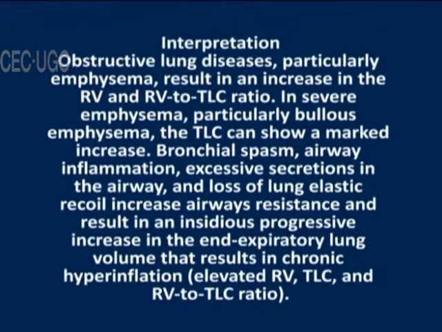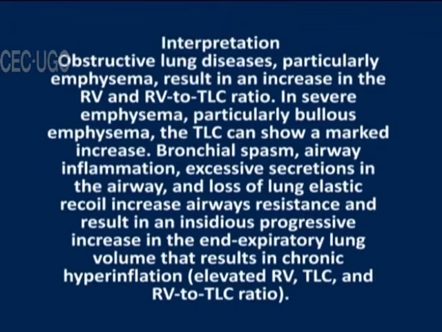Interpretation: obstructive lung diseases, particularly emphysema, result in an increase in RV and RV to TLC ratio. In severe emphysema, particularly bullous emphysema, the TLC can show a marked increase.